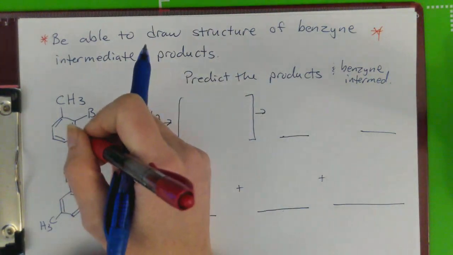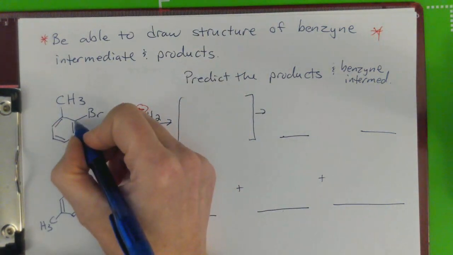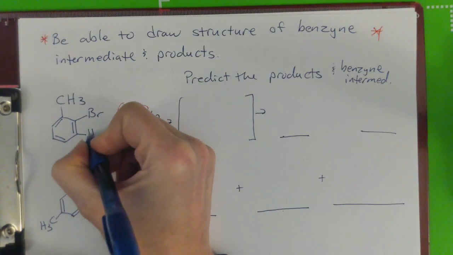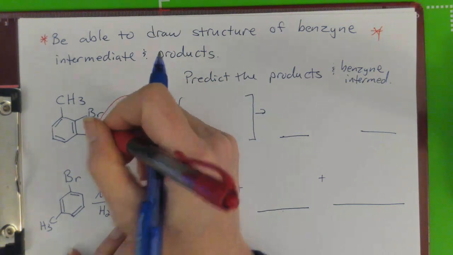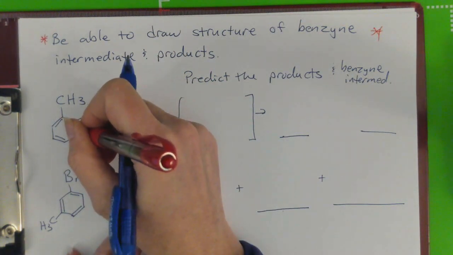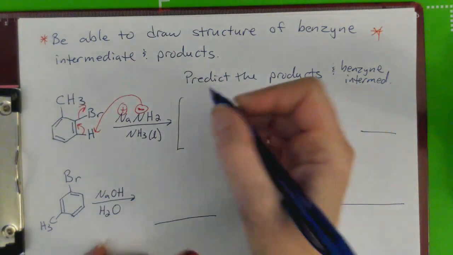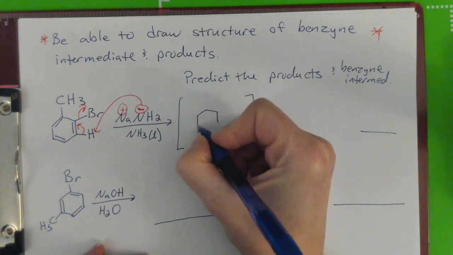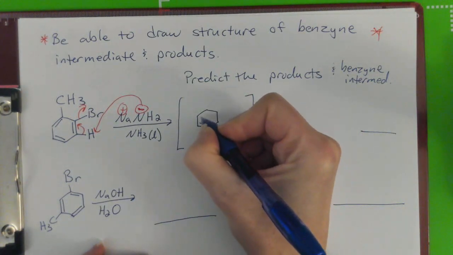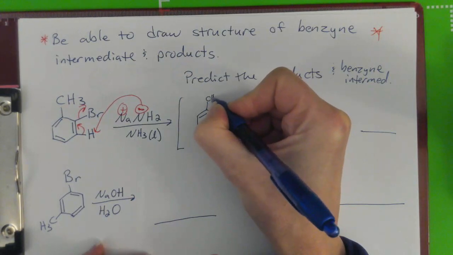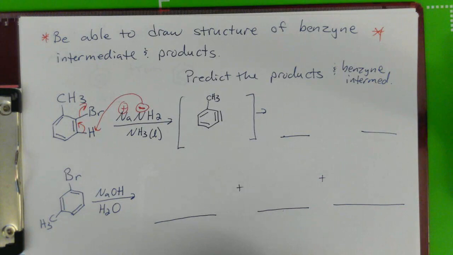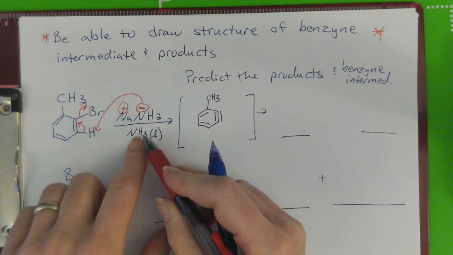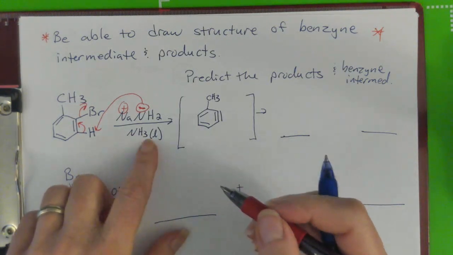So I'm going to fill in. So here I have at this ortho position. So I'm going to attack here, and my benzyne intermediate is this, right? And then in the second step, I have here my addition of the ammonia.